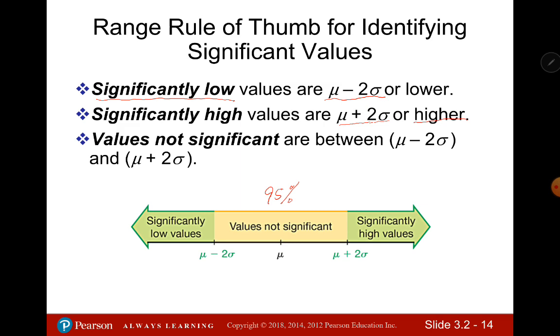What does that mean? For example, if we have 100 values in a data set, 95 values will be not significant. Only 2.5% of values are significantly low, and 2.5% are significantly high.